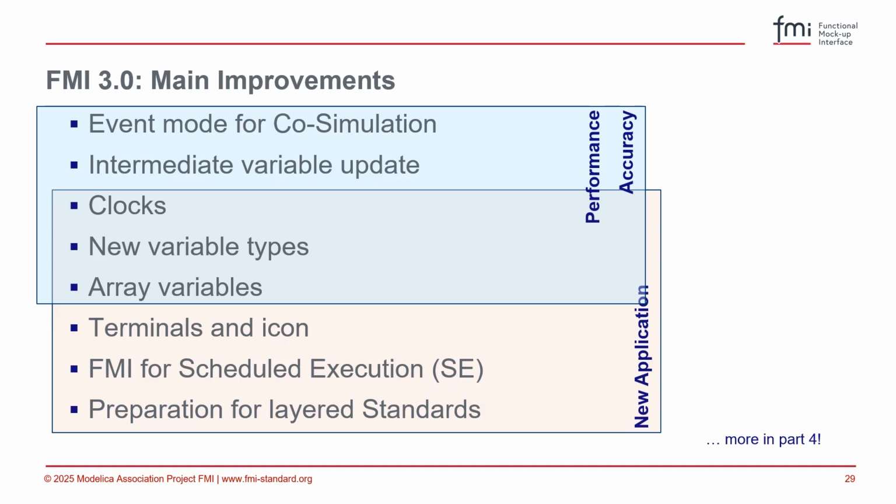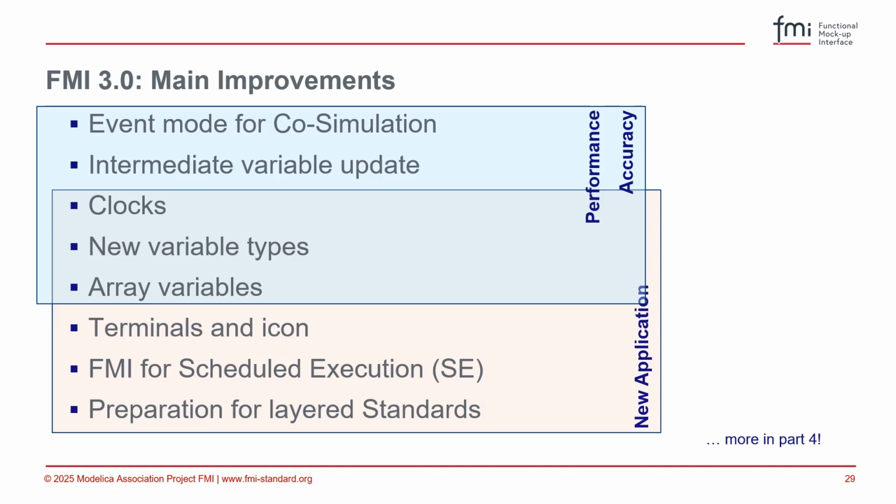So, for example, different integer types, also the binary variables, and array variables, which are very important for efficiency, because in FMI 2 we have only a naming convention to support arrays, but these are individual variables, which is not very efficient. And in FMI 3 we have arrays of multiple dimensions. We have terminals and icons for the grouping of variables.